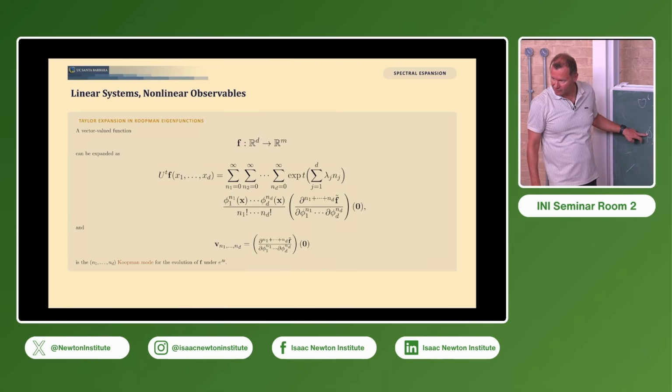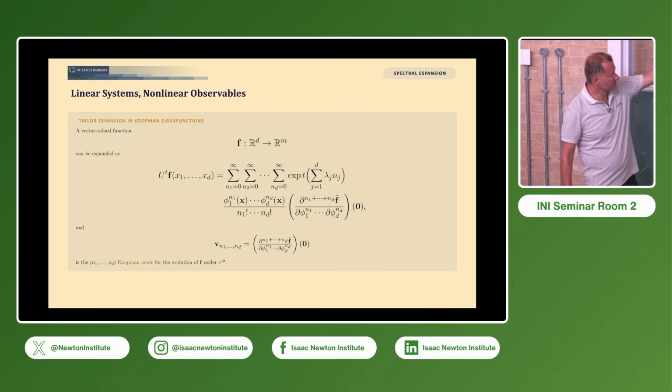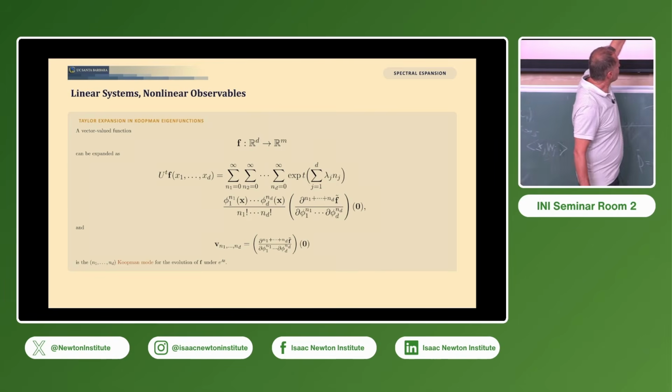If you're in the right space, which is, for example, the space of entire functions, and your f belongs to that correct space, I'll come to functional spaces, then this has a Taylor series. So you just write the Taylor series: phi 1, phi 2, phi 3, phi 1 times phi 2, phi 1 squared, and so on and so forth. You write that, and then you port it back to x1 to xn.